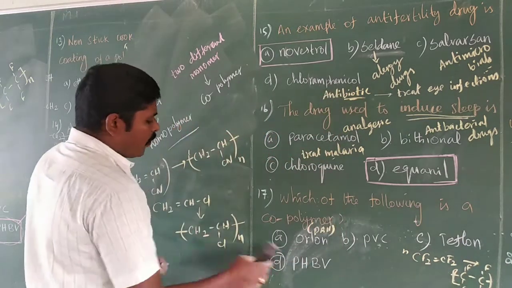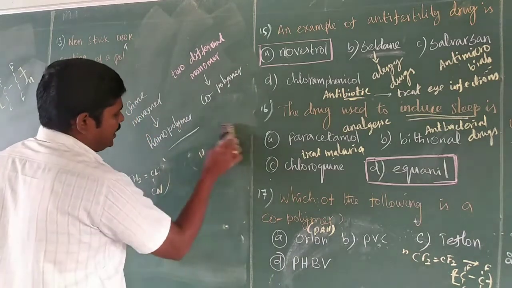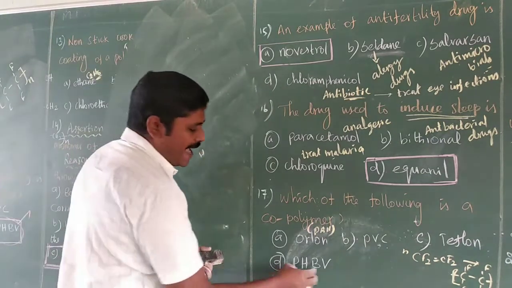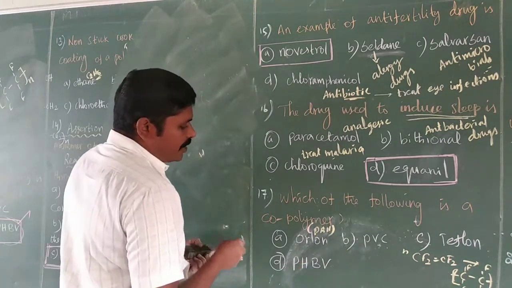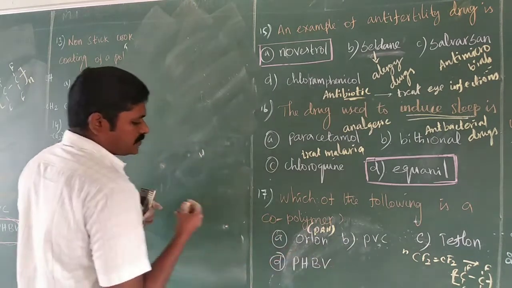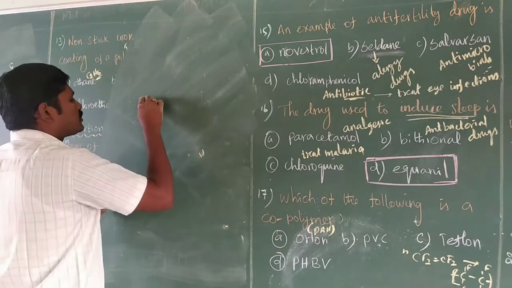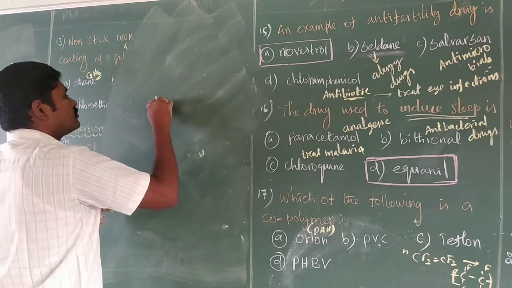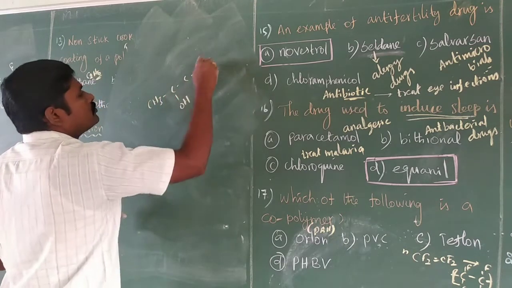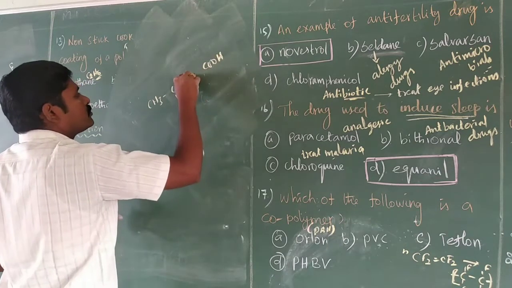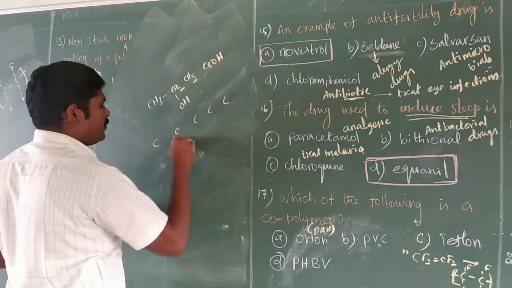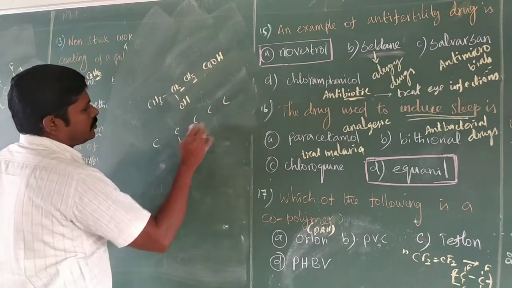Okay, so the poly-3-hydroxybutyrate-co-3-hydroxyvalerate is a copolymer. Combined with two different monomers. So one is 3-hydroxybutanoic acid, and the other is 3-hydroxyvaleric acid.